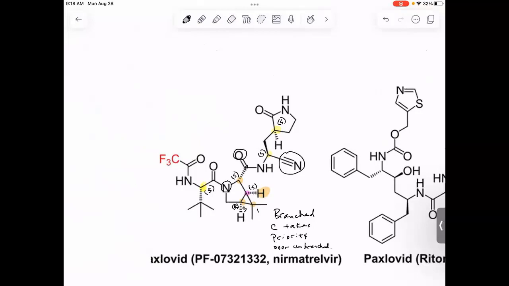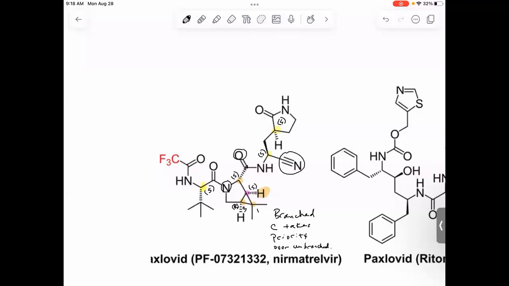So this actually matters, right? I talked about it Friday. In order to be able to make this, you have to have certain methods available to you to generate these chiral centers, right? I'm gonna talk about that probably on Friday, so I'm gonna hold off on that.